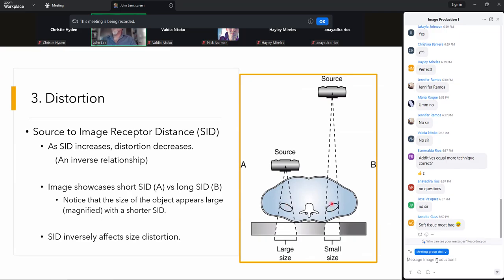So the greater the SID, there's less beam divergence to get off to the edges of that object, so it is projected more vertically than it is with a shorter SID. So the shorter SID results in a magnified view of the anatomy as opposed to our larger SID.